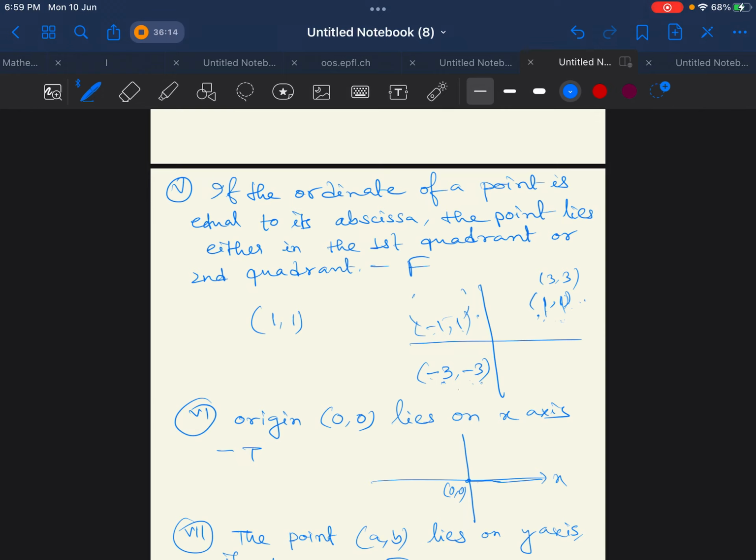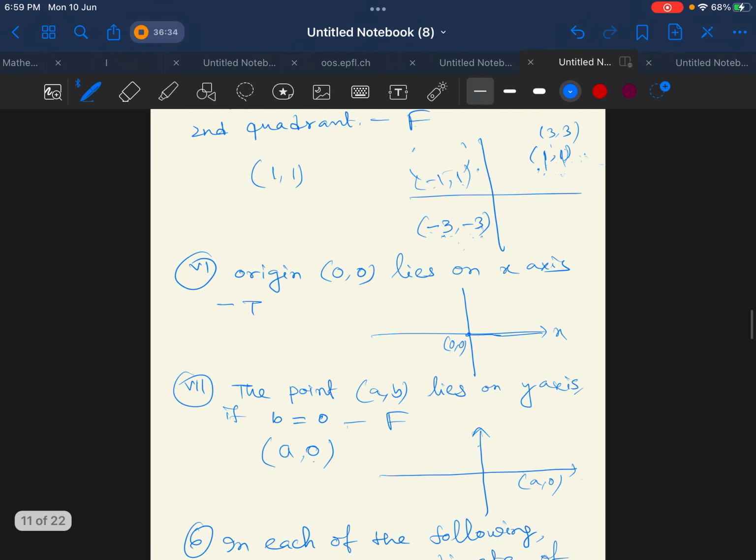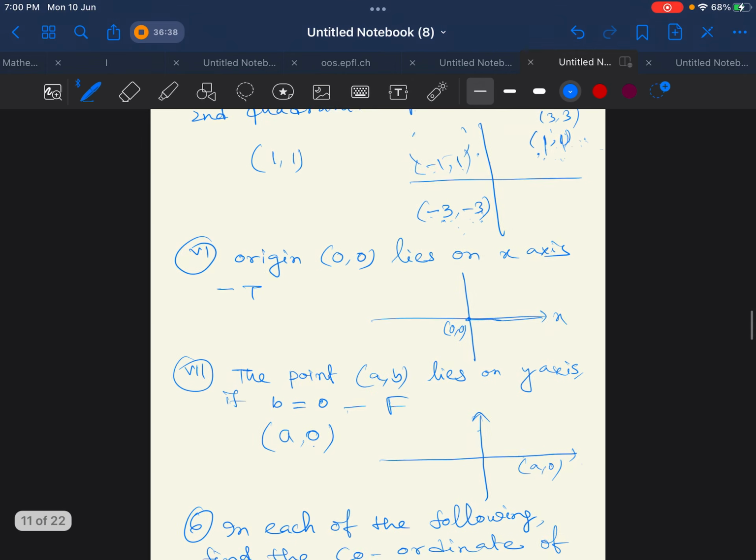It is located in the third quadrant, not the second quadrant. So if the ordinate and the abscissa are equal, then they are located in the first quadrant and third quadrant, not the second quadrant. This is false.